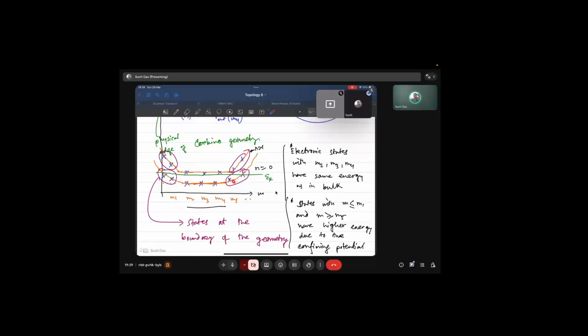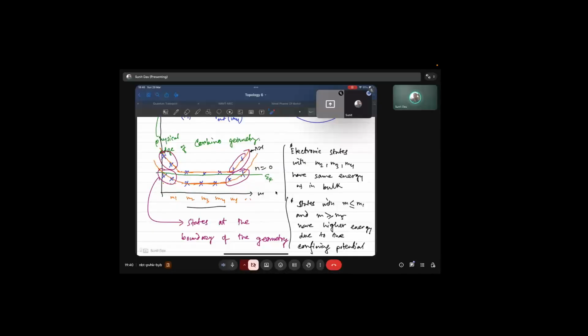Because it had an acute angle, and then it is negative at the other end of the sample. All of this is in equilibrium. You have just applied a magnetic field. There is a development of the Landau levels, and because of the edge, this is how the Landau levels look when you consider the physical edge of the sample, right?